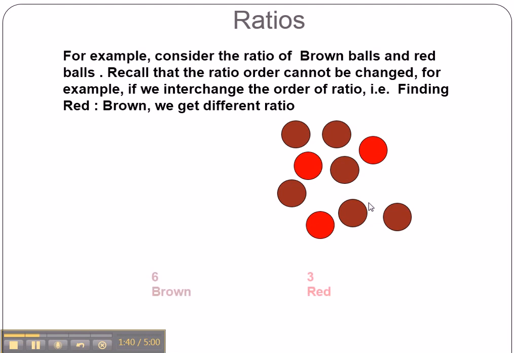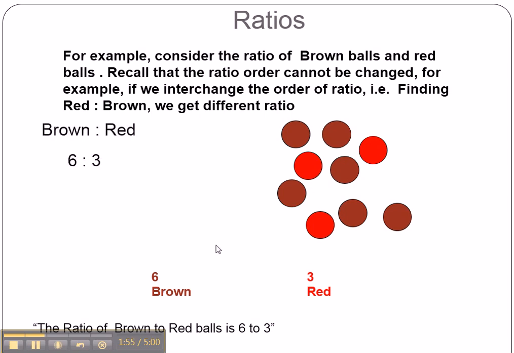How? Let's see. 6 balls are brown in color and 3 are red. So the ratio of brown to red balls is 6 is to 3. So if we write in the form of brown to red, it will be 6 is to 3. How can we write 6 is to 3?